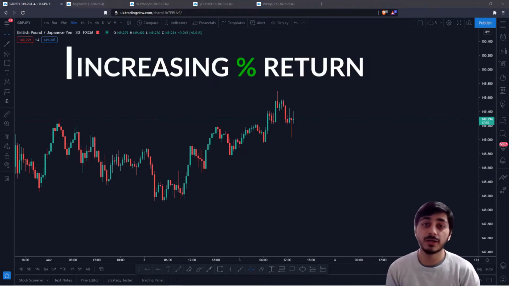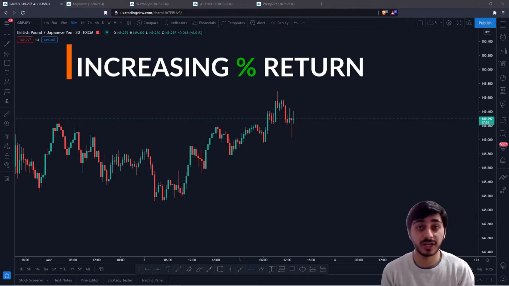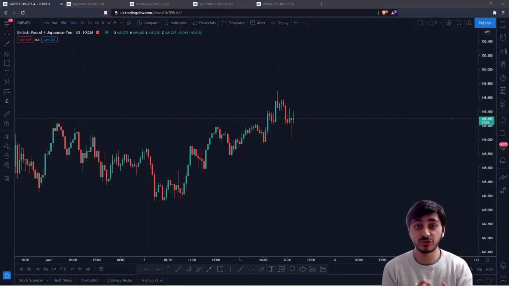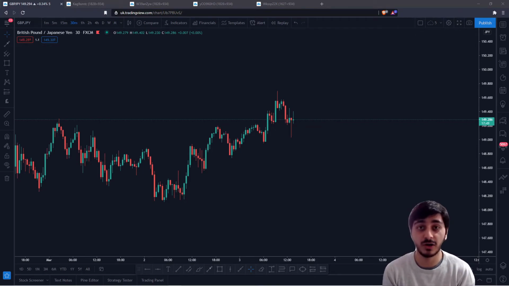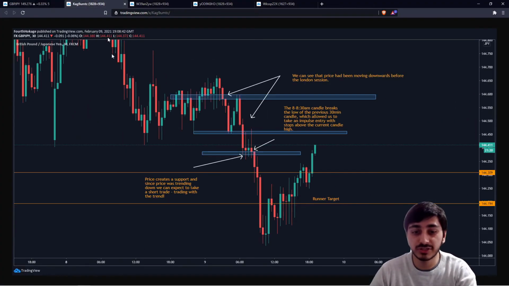So when the markets are trending, we can use this to our advantage to gain as many pips as possible and increase the percentage return we can make from that trade. So how can we do this? As you've noticed from all these trades I've shown you, the running targets have been hit.